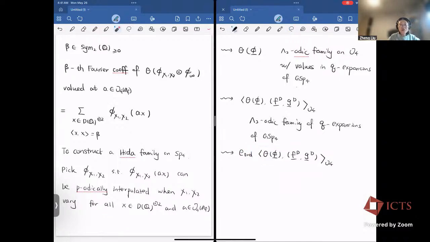By Hida theory, because at every classical specialization this is the Q-expansion of an ordinary automorphic form, we know that this family of Q-expansions will come from a Hida family, and this will be our Hida family of Yoshida lifts.